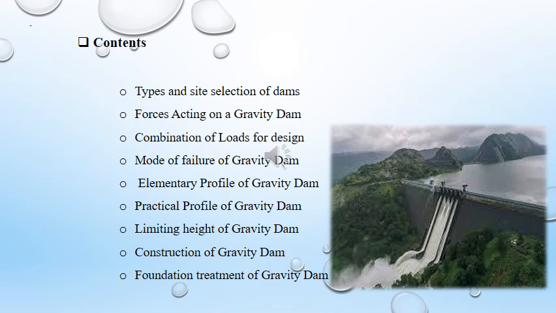We will also discuss the elementary profile, also known as the theoretical profile, and how to convert this theoretical profile into the practical profile, and the limiting height of the dam, which will decide the low dam and high dam. After that, the construction of the gravity dam in sequence, and at last the foundation treatment of the gravity dam.